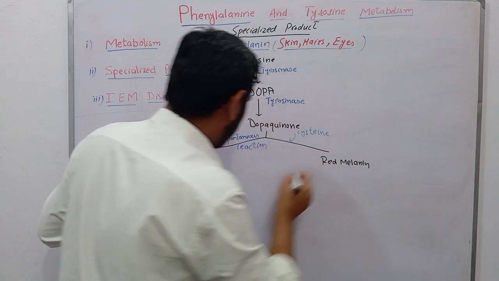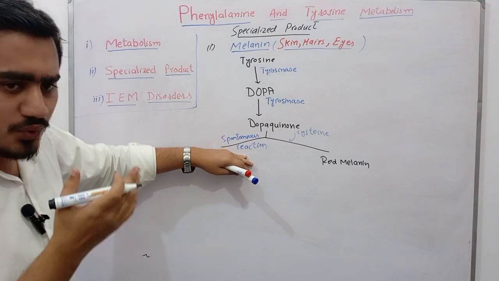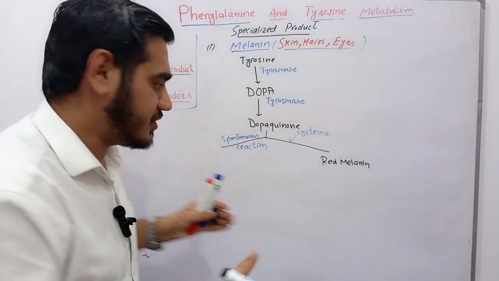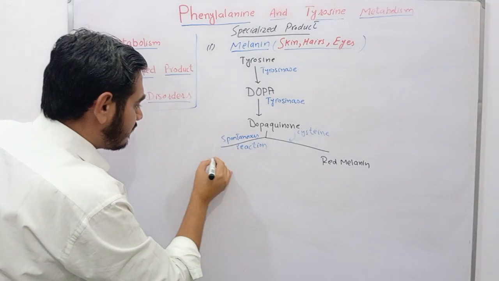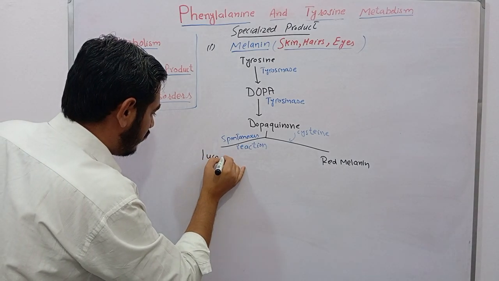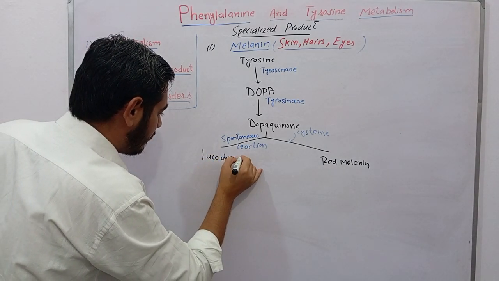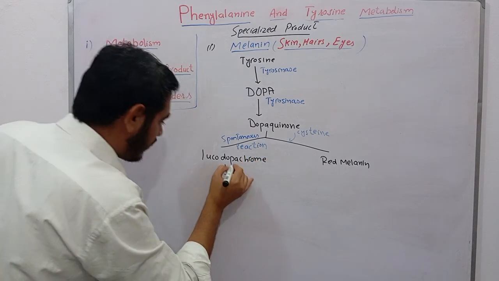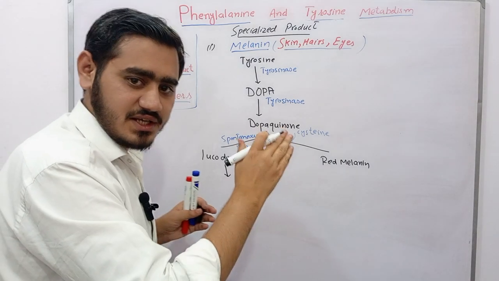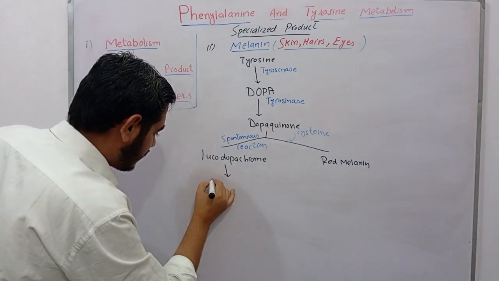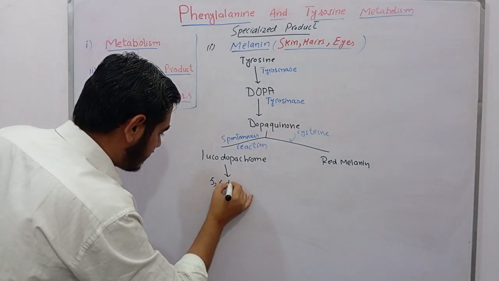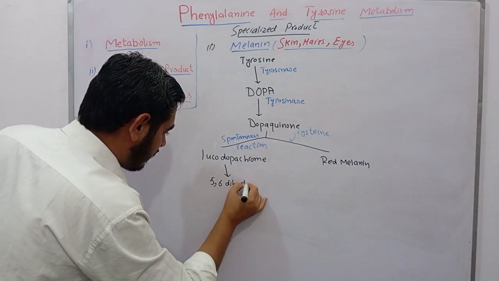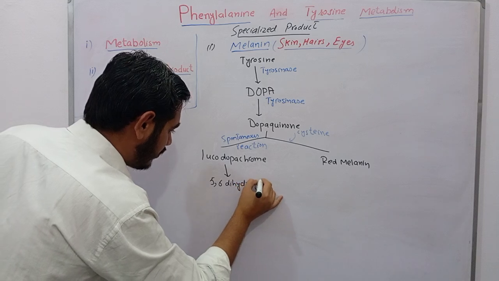Through the other series of reactions, first there is a formation of leukodopachrome. Then by action of tyrosinase enzyme, there is a formation of 5,6-dihydroxyindole.